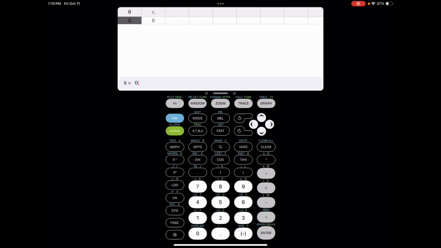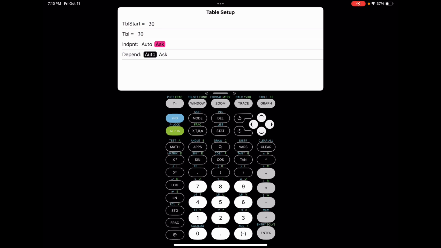I hit 0, hit enter, put 30 degrees, 45 degrees, and 60 degrees. These are all the values. Keep putting in 90 degrees. Some of you may say your calculator doesn't let you put in the angles. You can click second, then window, the table set window.